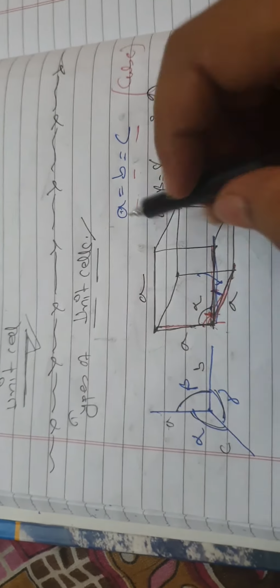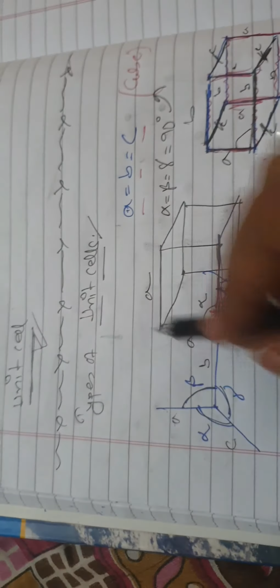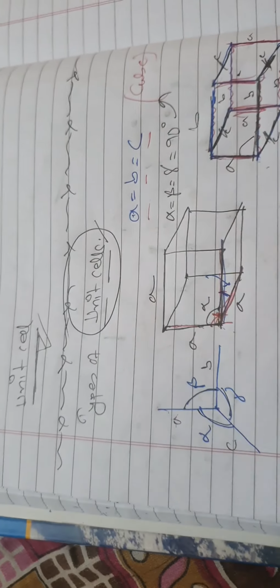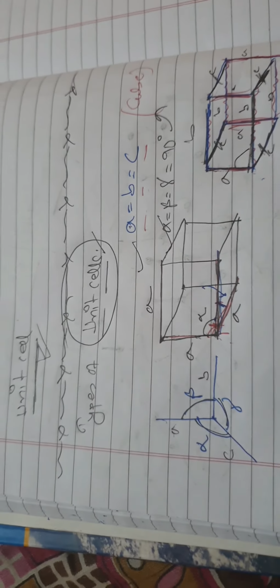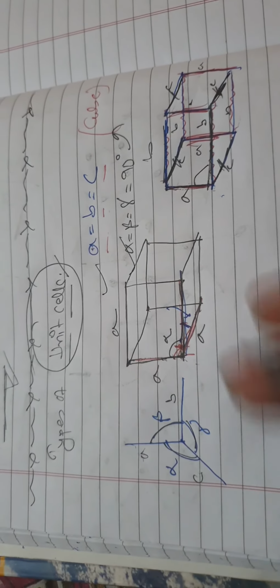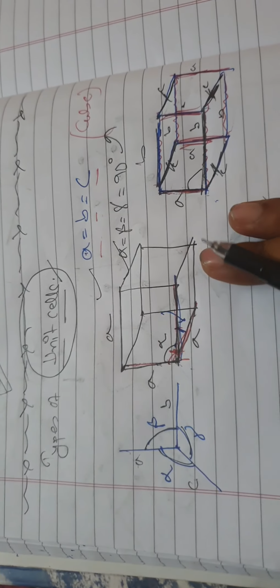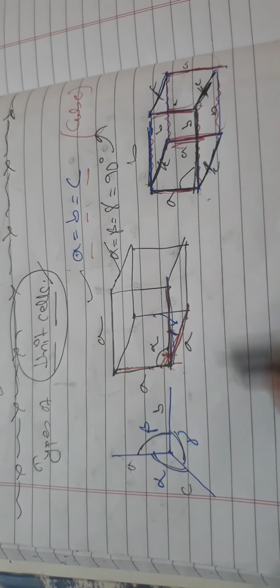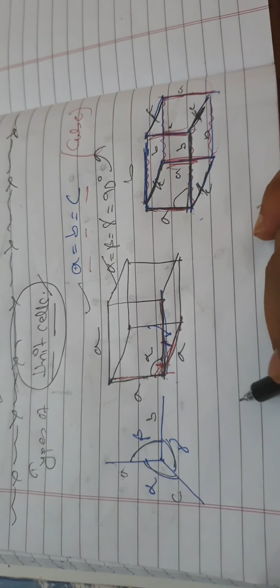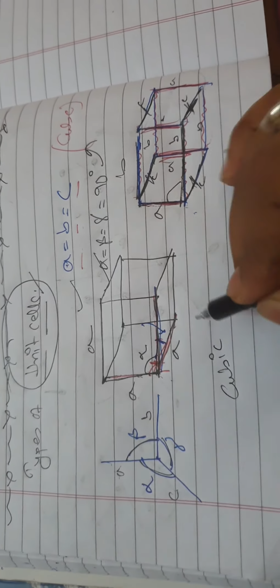So definitely now you can understand that the types of unit cell will depend on these dimensions. Yes or no? And the first type you have just seen here is known as the cubic system of unit cells.